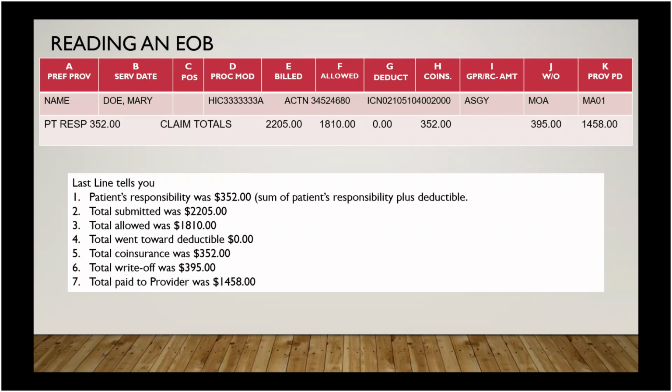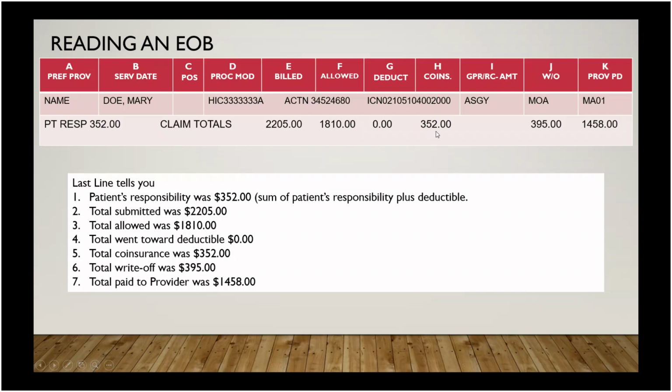So the last line of this tells us the patient's responsibility is $352. The total submitted was $2205. Total allowed was $1810. And total that went to the deductible was 0.